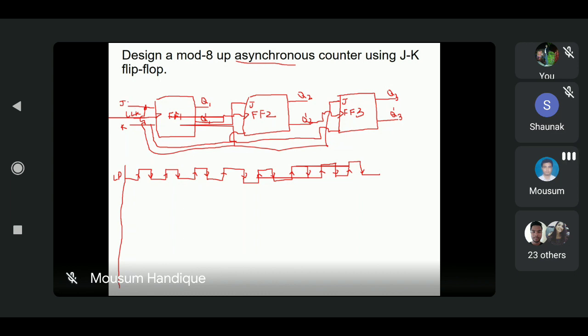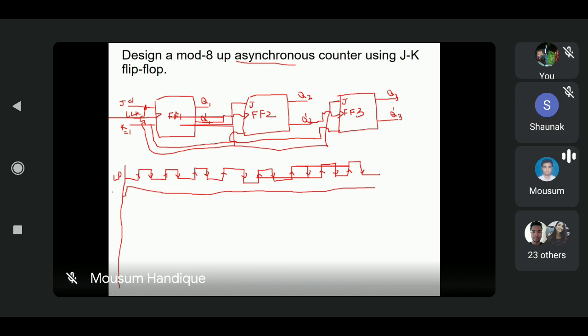Suppose initially we are considering J equal to 1 and K equal to 1. Why? Because we are using the toggle condition. So suppose before starting the clock pulse, the value of J is 1.